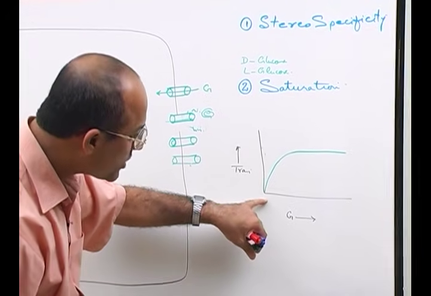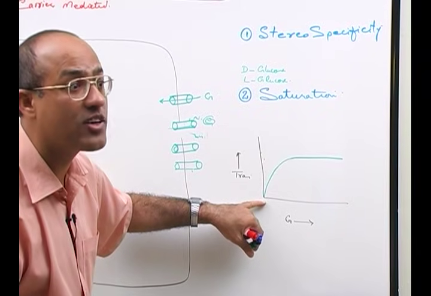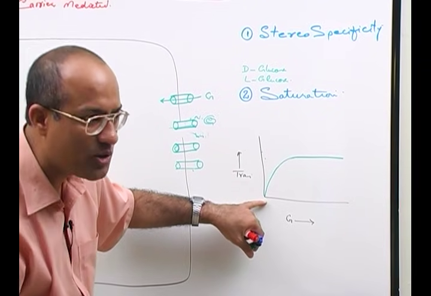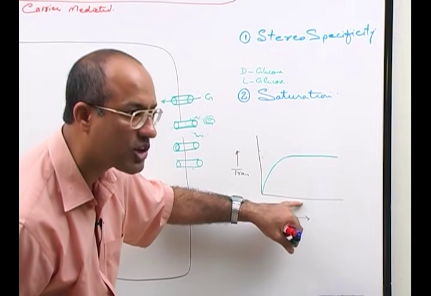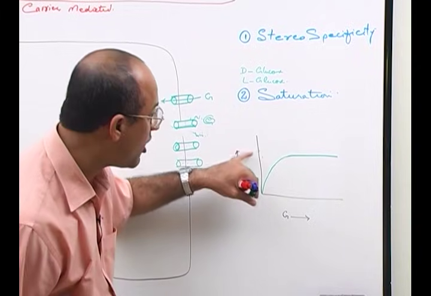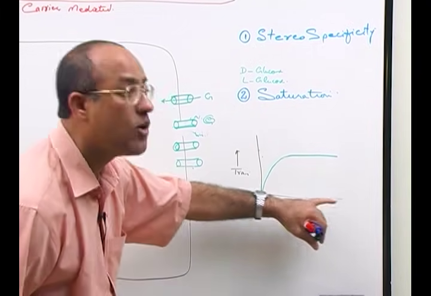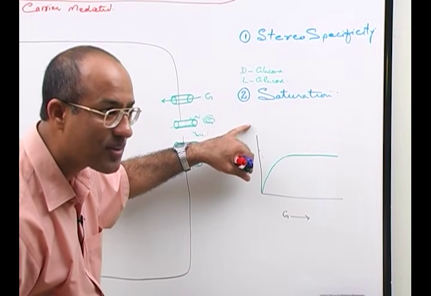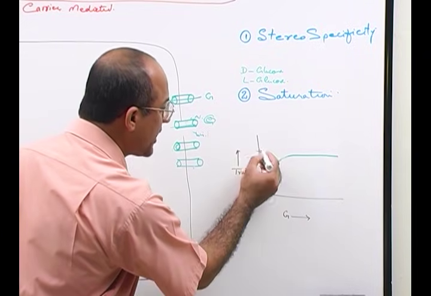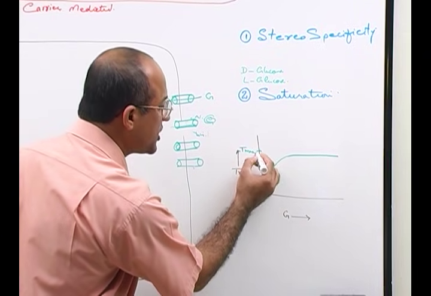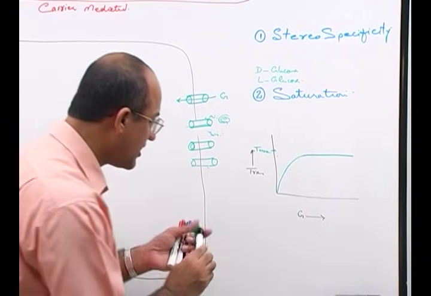In the very beginning all the transporters are available, so there is very good transportation, a rapid increase. But as you keep on increasing the concentration of the substance, a time comes when all the transporters become saturated, then further increase in concentration will not further increase the transport velocity. Am I clear? We say that at this point transport maximum has been reached. Am I clear? The classical example of this is in your kidney.